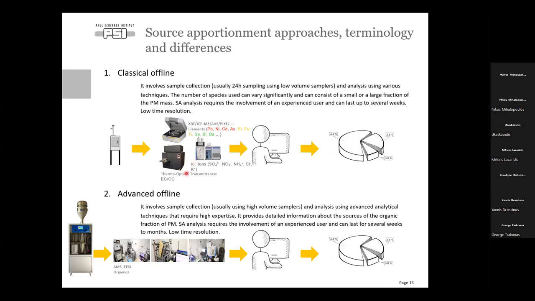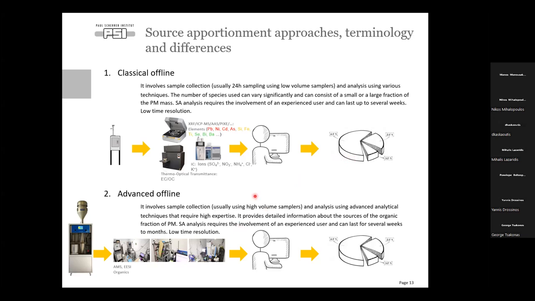So we can have information about EC/OC, we can have ions from ion chromatography, we can have the elements from XRF, ICP-MS, or whatever other technique. We can have PAHs or whatever other technique we can apply to filters collected. And then someone needs to collect all this data, treat all this data, and then apply some source apportionment model, and then we can get information about the sources and the contributions.